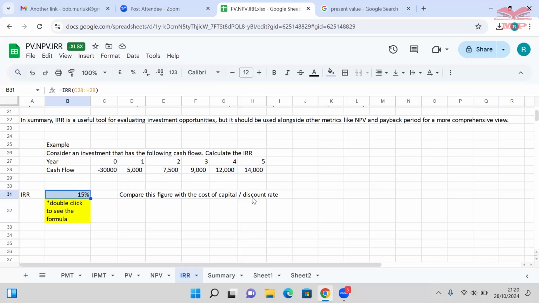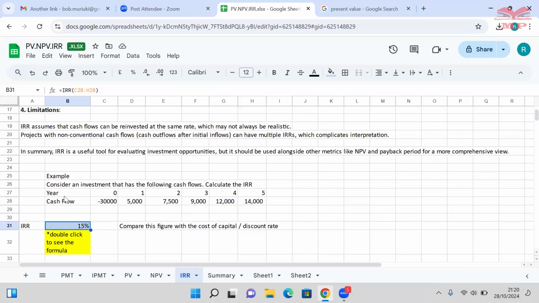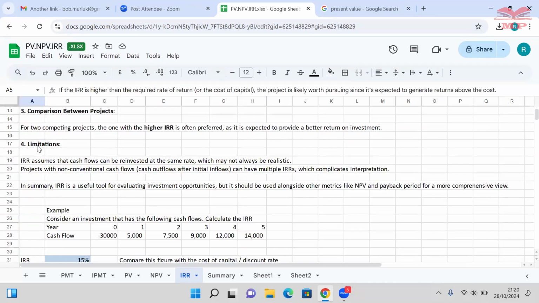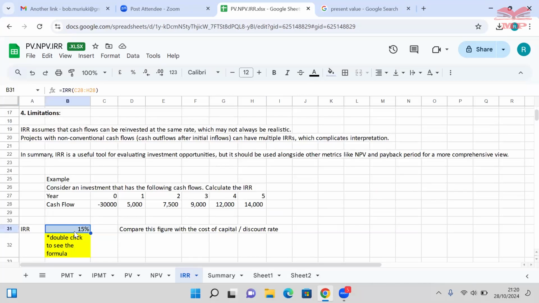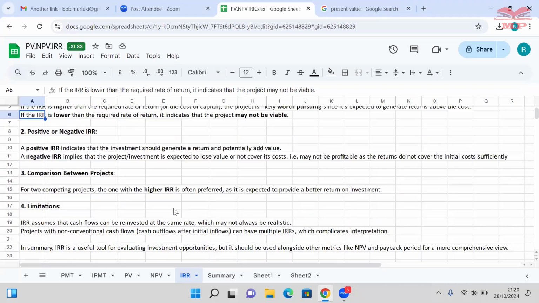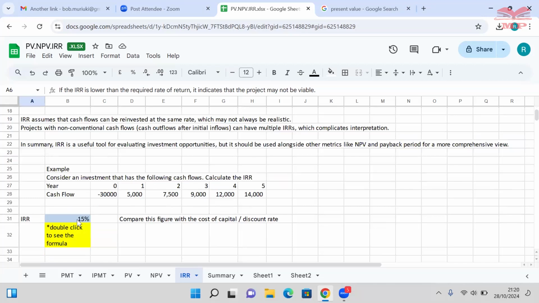If this is higher than the discount rate, then that is an investment worth pursuing. If not, then this applies: if the IRR is lower than the required rate of return, it indicates that the project may not be viable. All right, so that's an interpretation of the IRR.